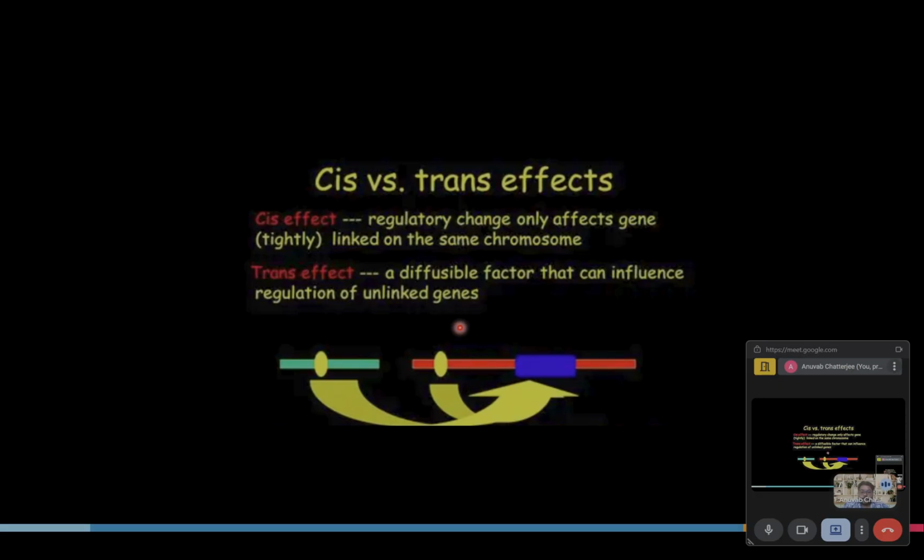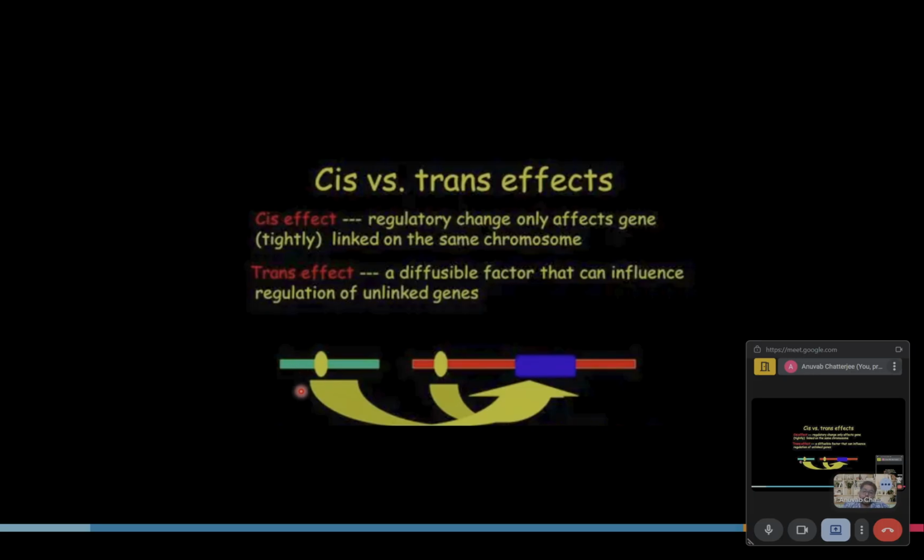So examples of cis regulatory elements are very abundant. It could be enhancers, it could be transcription factor binding sites, it could be silencers, and it could be present all over the DNA sequence close to the gene, tightly linked with it, whereas everything else which comes from somewhere else is a trans factor.